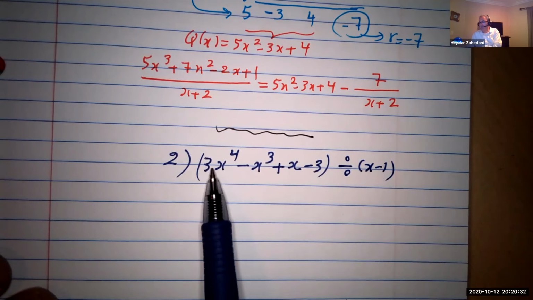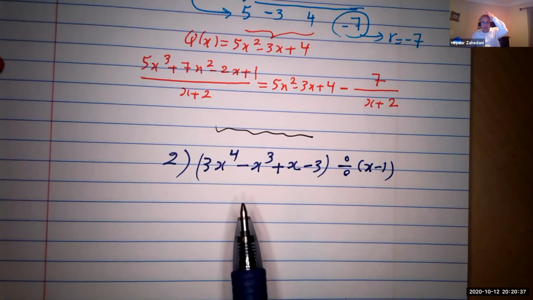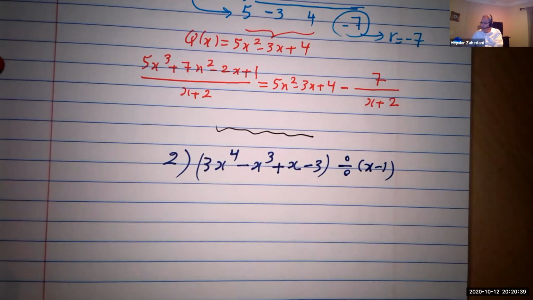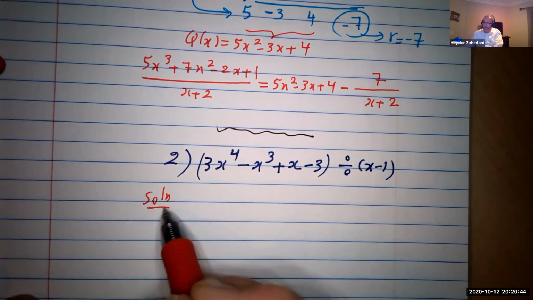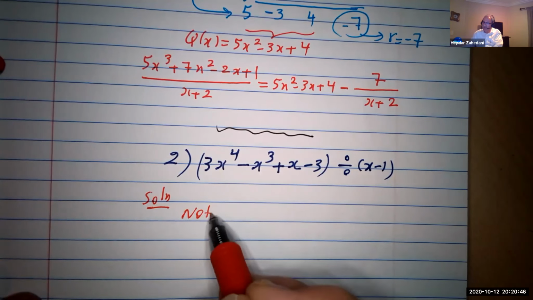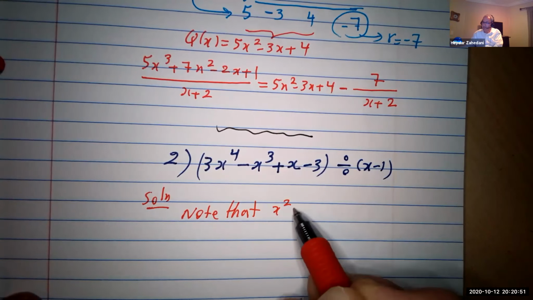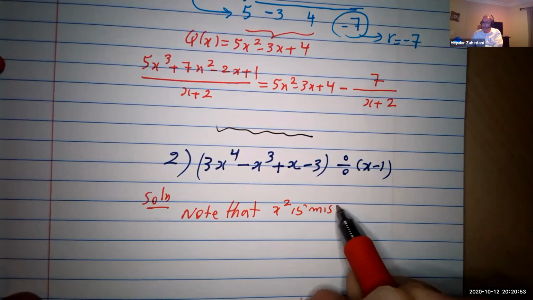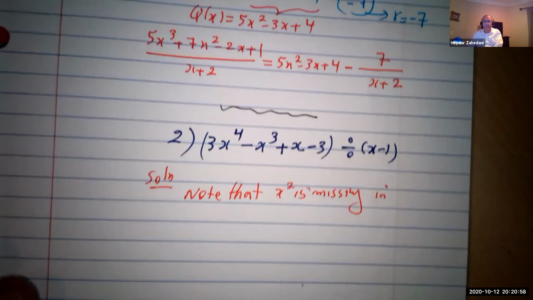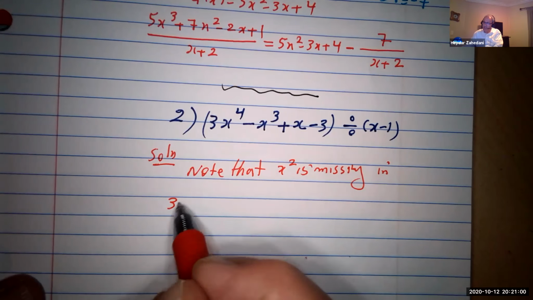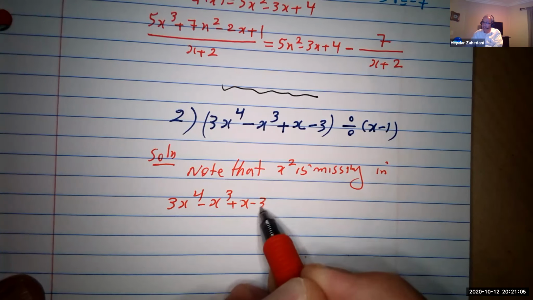Look at your polynomial. One of the terms is missing. x squared is missing. So you have to rewrite it. Don't miss it, otherwise it could be wrong.